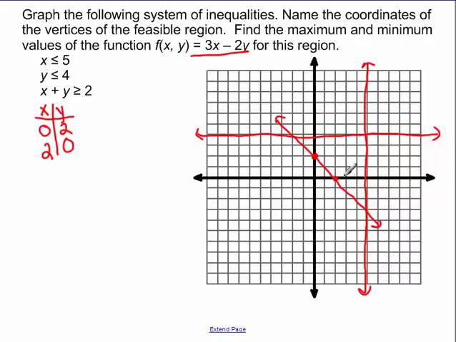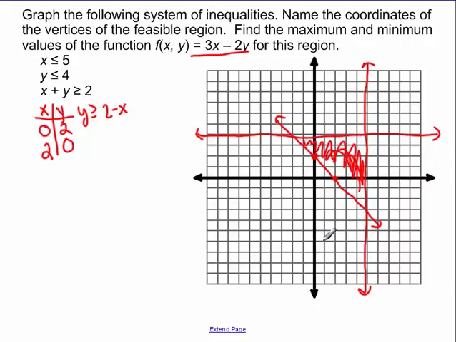Make sure that you are using straight edges. I don't have a straight edge on my smartboard. Now, x is less than 5, y is less than 4, and y is greater than or equal to 2 minus x, so I'm going to shade this triangle in here.